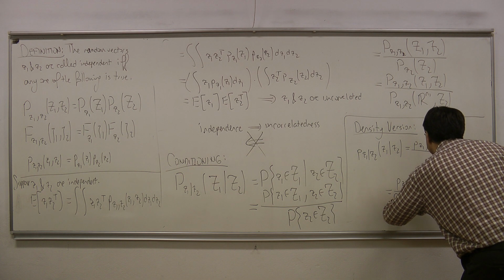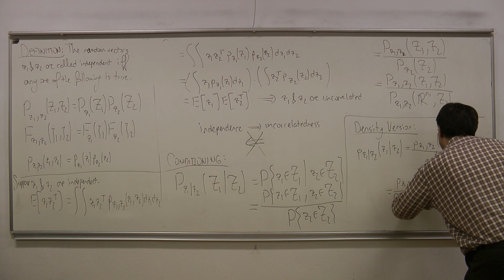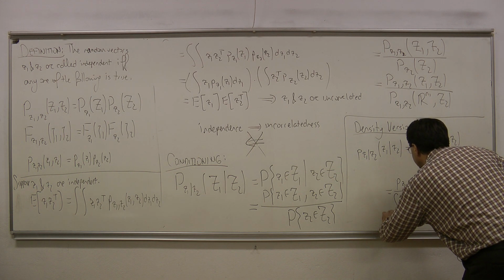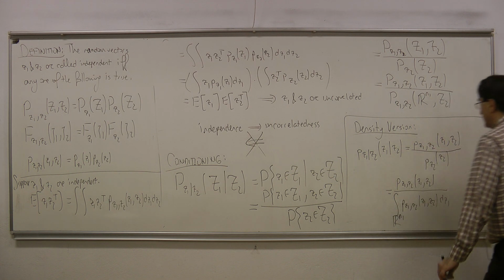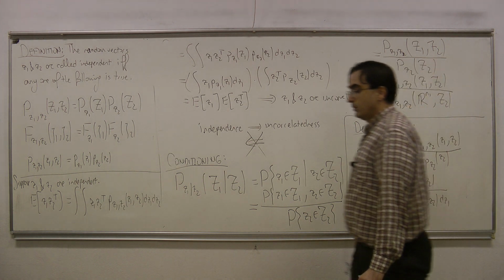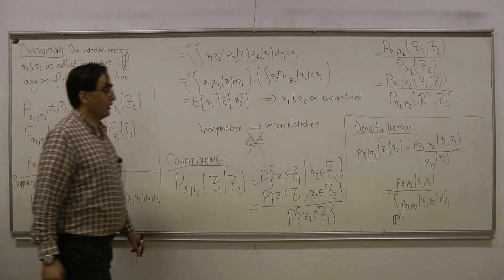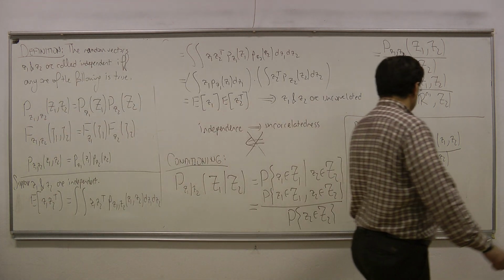Okay? P of Z1, Z2 dZ1. And this integral is over the whole space of the random vector Rn1, random vector Z1.